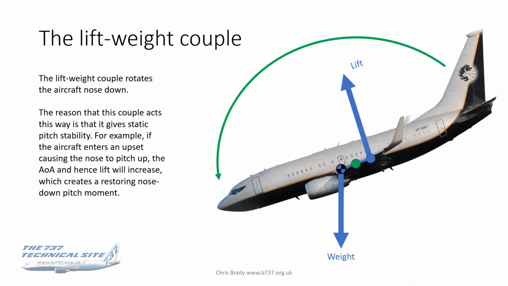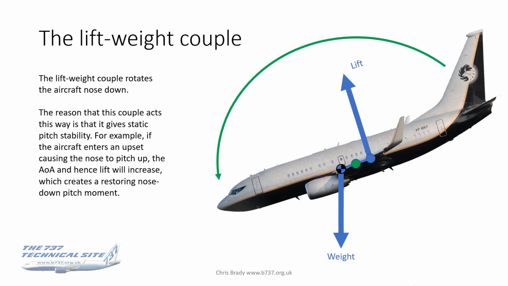What we mean by that is, if the aircraft were to enter an upset which caused the nose to pitch up, the increase in alpha and hence lift will create a restoring nose down pitch moment. So there you go, statically stable in pitch. It's self-correcting.